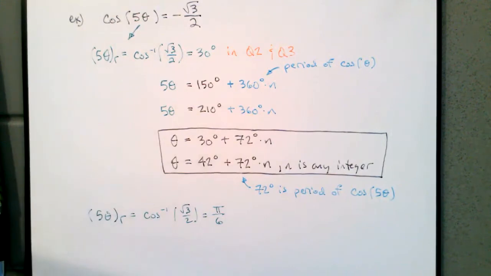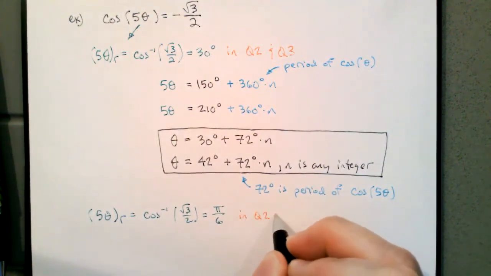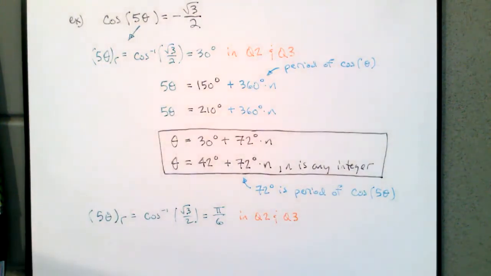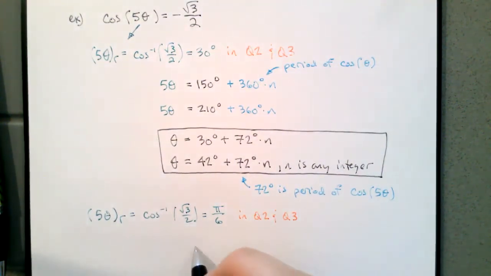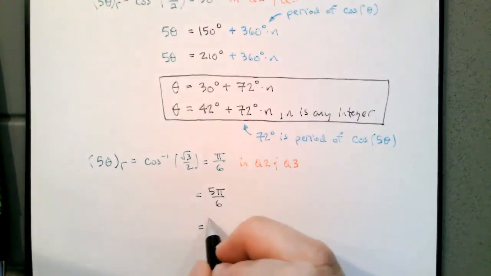So in radians, we would say the reference angle is pi over 6, and we're going to put pi over 6 in quadrant 2 and quadrant 3. So pi over 6 in quadrant 2 is 5 pi over 6. Pi over 6 in quadrant 3 is 7 pi over 6.